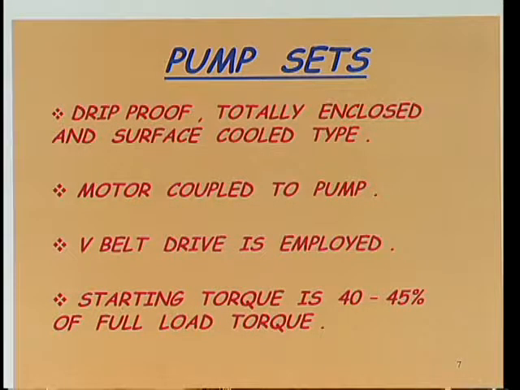It is normally used wherever the humidity content is very high in the atmosphere. Normally it is used in pump houses and dye houses. Similarly, the totally enclosed type can also be used, and the surface cooled type.